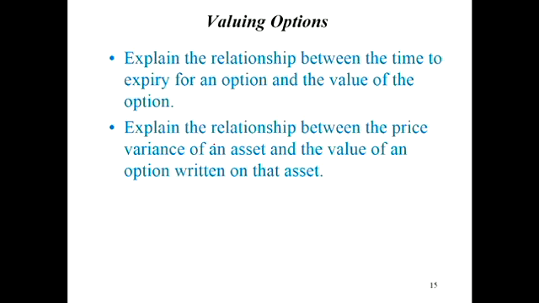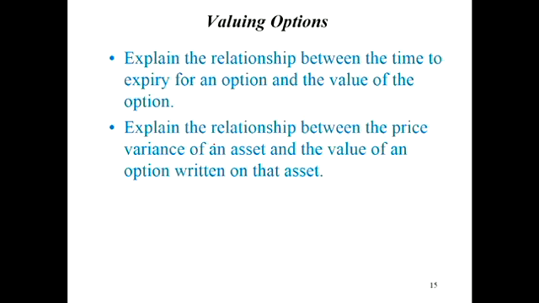So it has zero value to that point, and then once the asset goes above the strike price and you have to make a decision whether you're going to use that option or not, it has some value, and it simply takes off from there. So this is the payoff of the option.